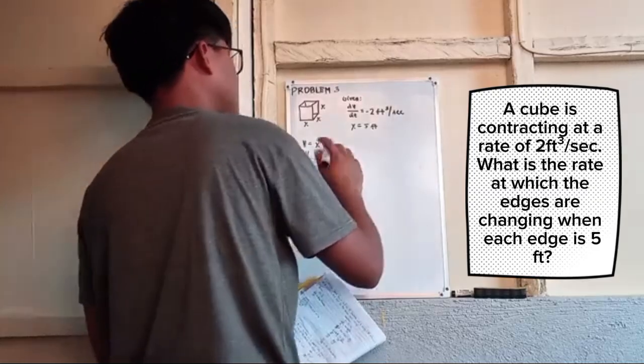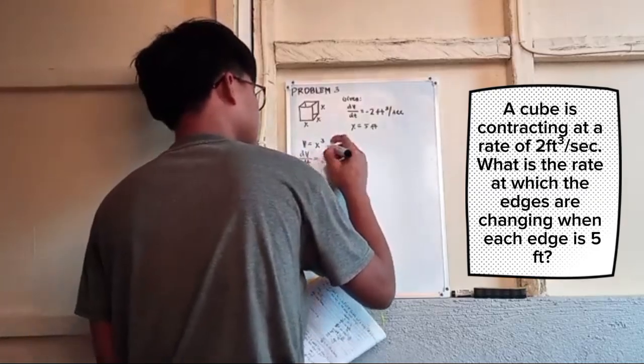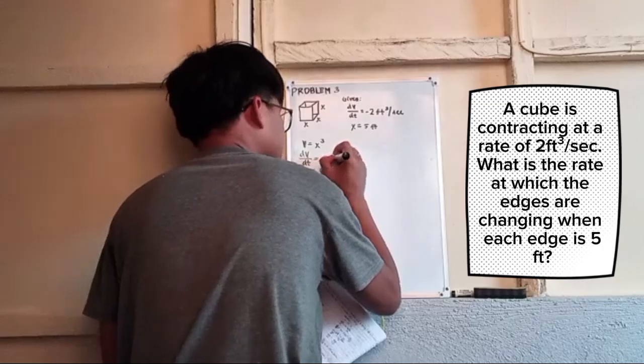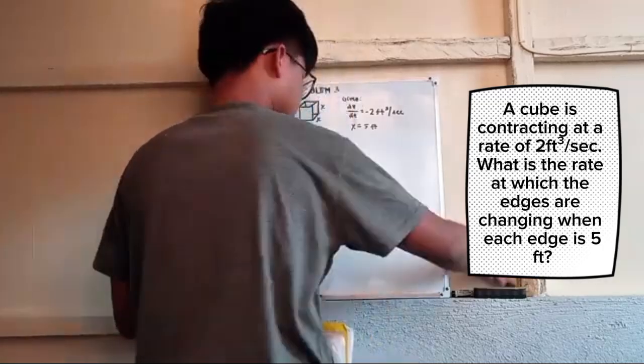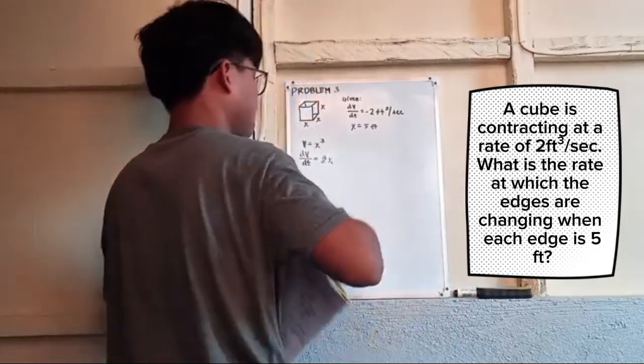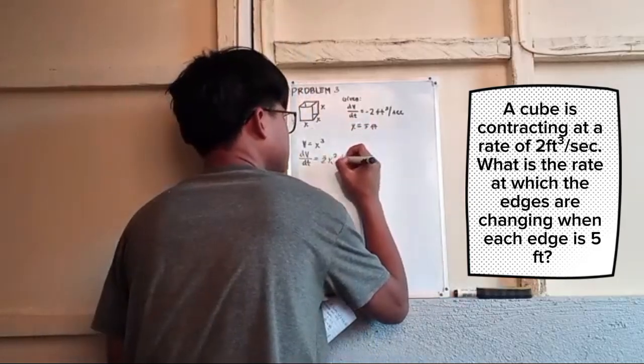Then the derivative of x cubed is 3x squared, then dx over dt.